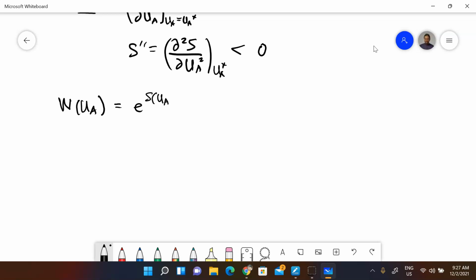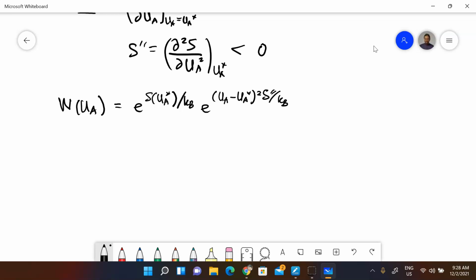S(U_A star) over k_B, this is the zeroth order term, and then you have the first order term to be 0, so that is just e to the power 0, and that's just 1. And the second order term will give you this: (U_A minus U_A star) squared times the second order derivative S double dash divided by your Boltzmann constant.